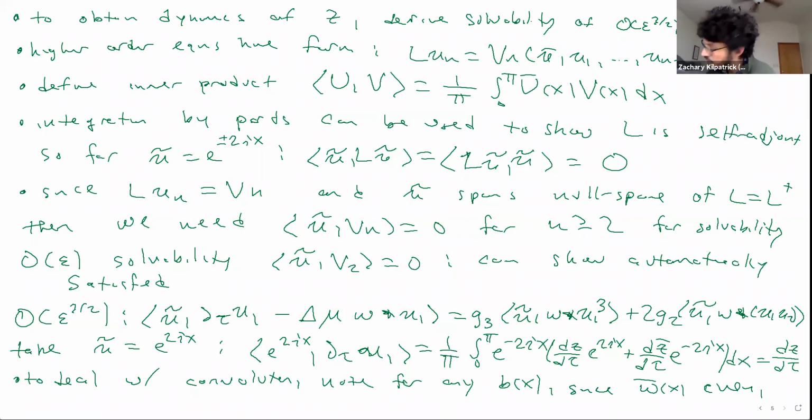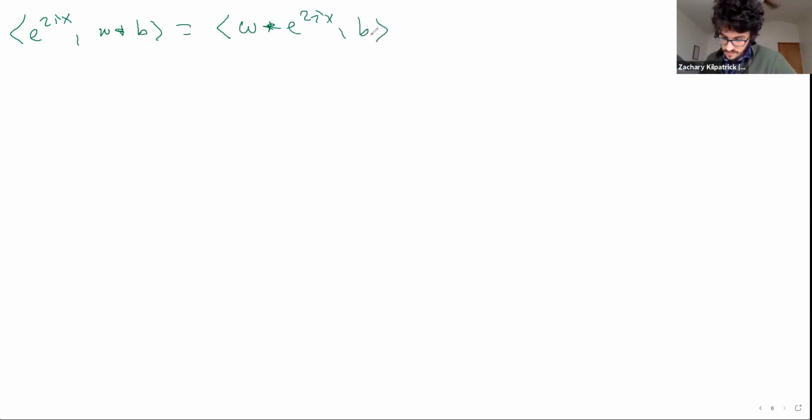Okay, we have the following result. So e to the 2ix w convolved with b is equal to w convolved with e to the 2ix b, okay?